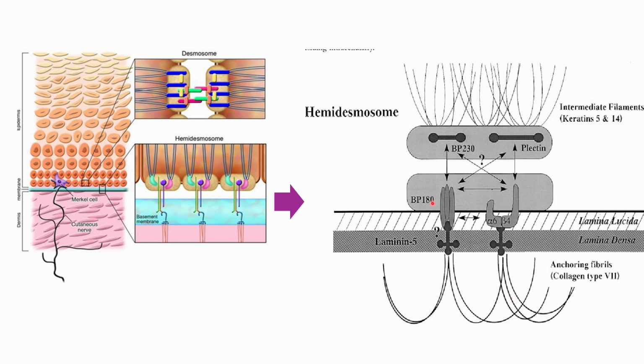Not only those structures, you also want to pay attention to 2 layers. The first layer is here, demonstrated as the lamina lucida, and another layer below the lamina lucida is the lamina densa. Pay attention to those names. Those names will be mentioned in later lectures.